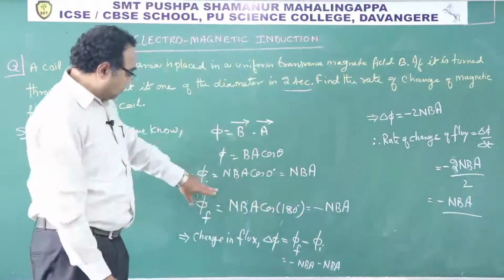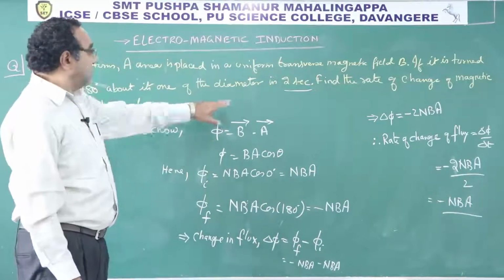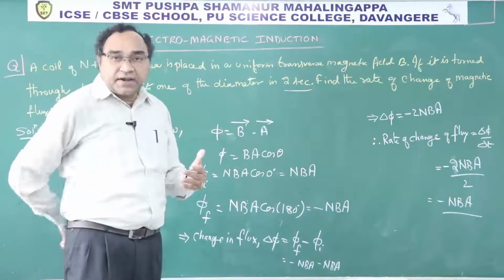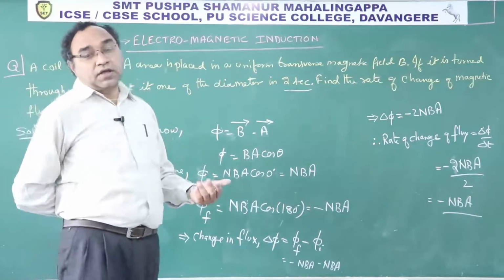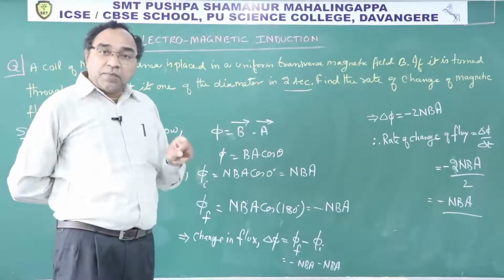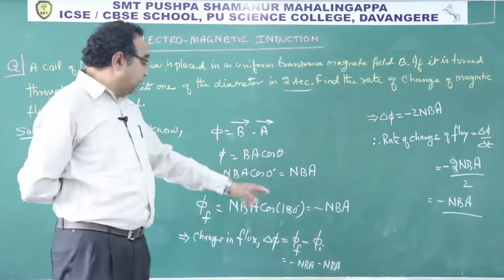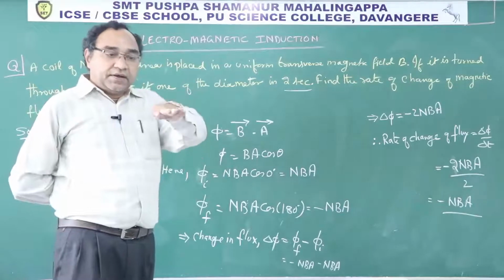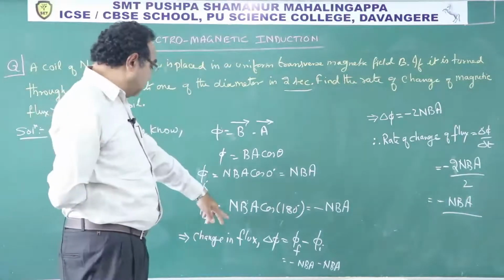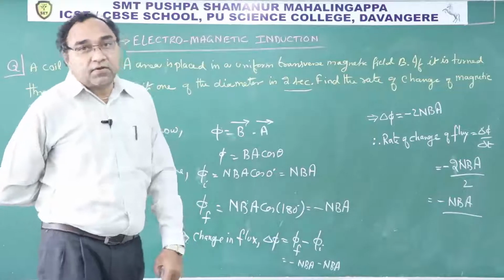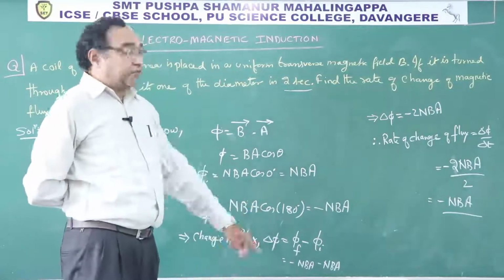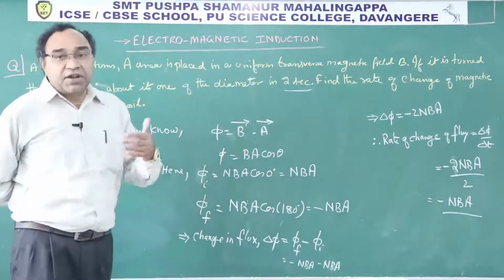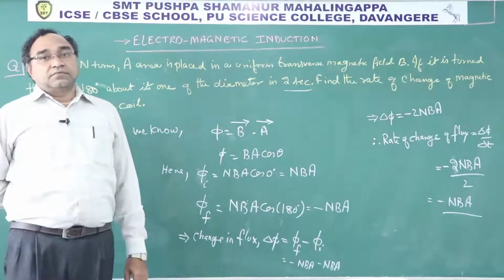Please understand this. This is initial flux. It says that it is placed in a uniform transverse magnetic field, which means that the magnetic field is perpendicular to the plane of the coil. So normal to the plane of the coil will be parallel to the magnetic field, hence the angle is 0 initially. Now if it is rotated by 180 degrees, we get cos 180, which is minus 1. That is exactly how we can find out change in flux and hence rate of change of flux.